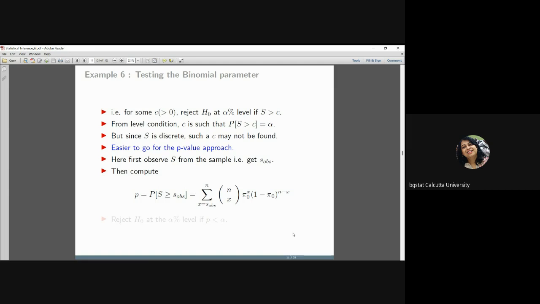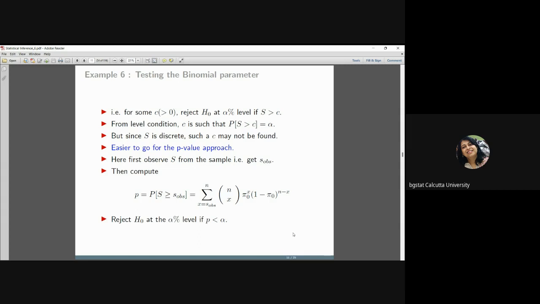Because my alternative is of the right tail type, my alternative says that pi is greater than pi naught, the p-value for this case will be given by the probability of S being greater than or equal to S obs. And because S has a binomial distribution, we can easily calculate this by summing the terms of the probability mass function. So this is how you calculate the p-value.